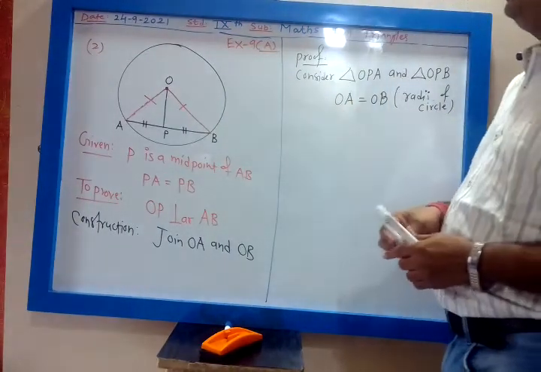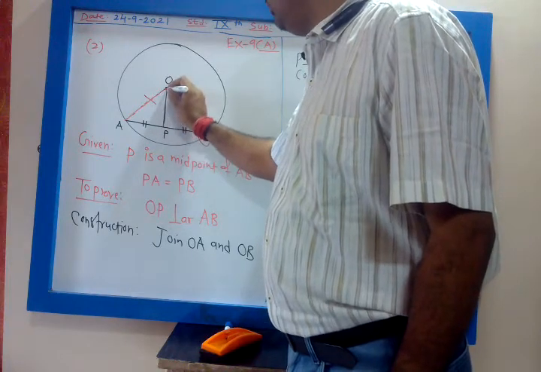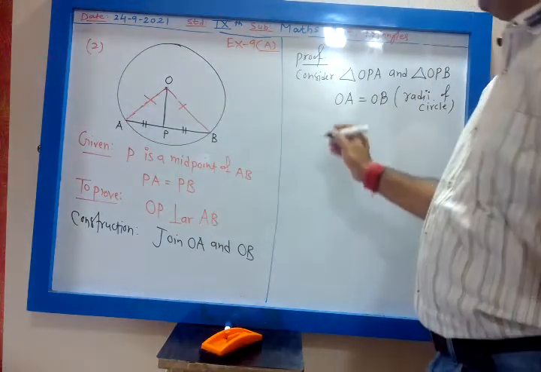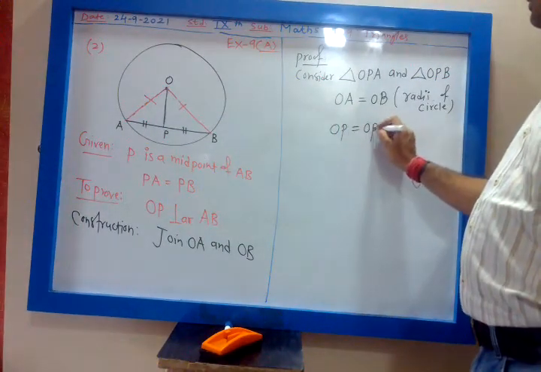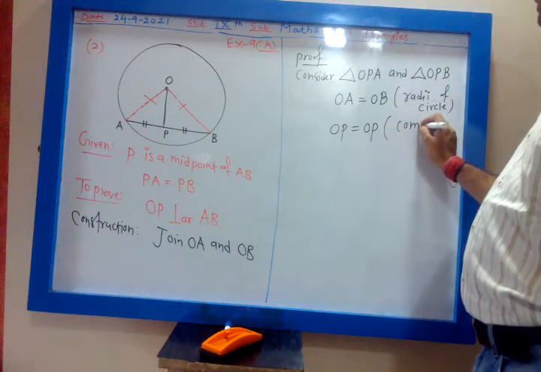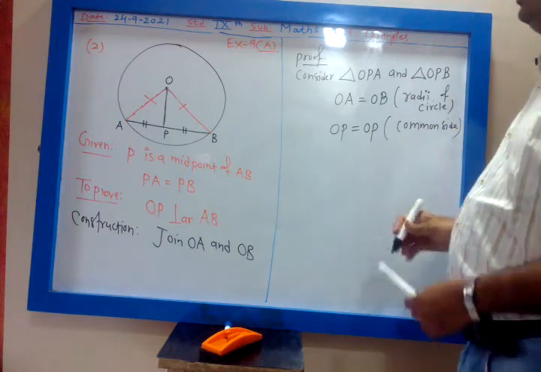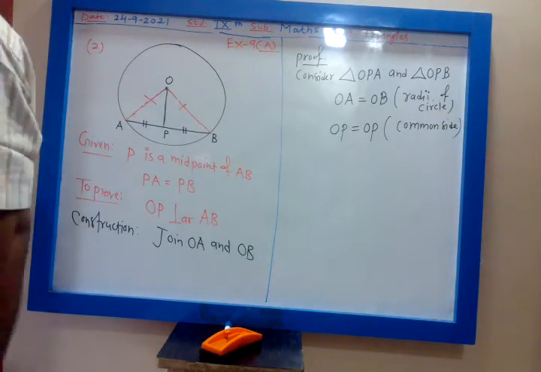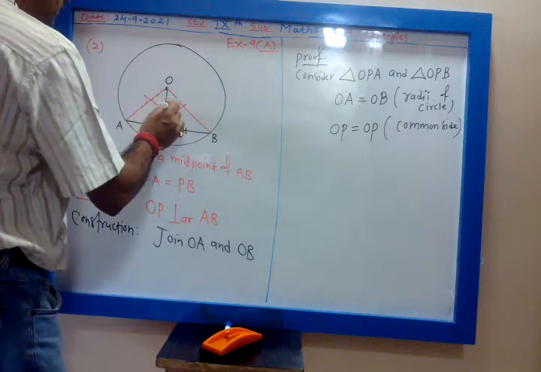OA is equal to OB. Now, OP is equal to OP. Yes, OP is the common side of both the triangles.